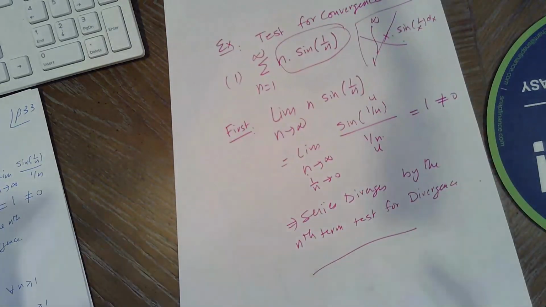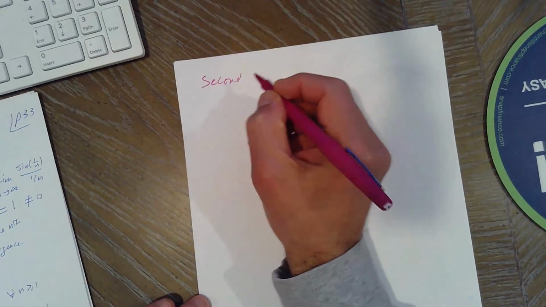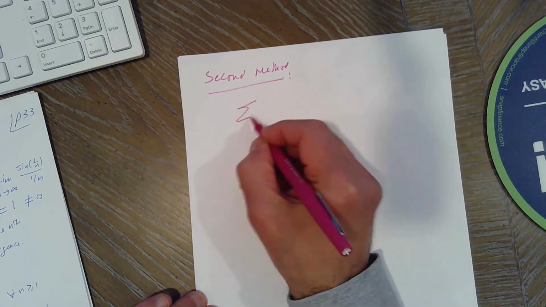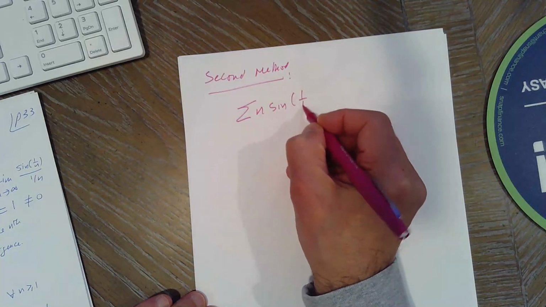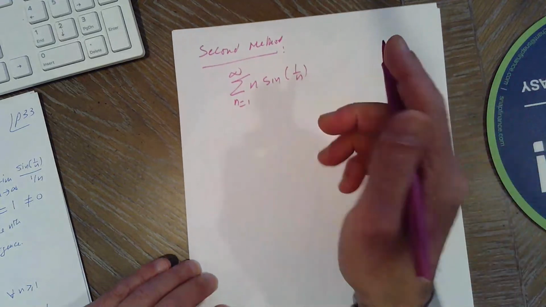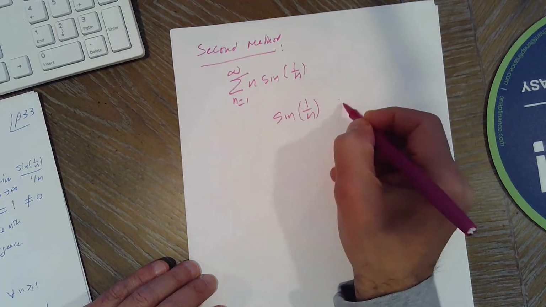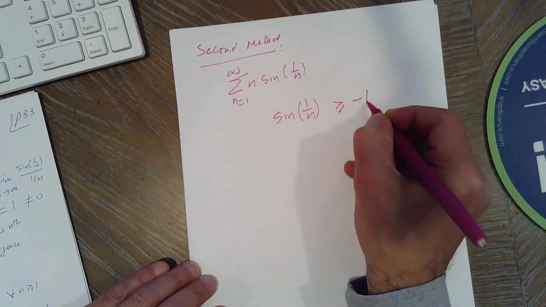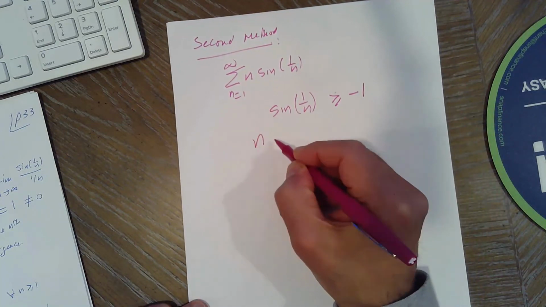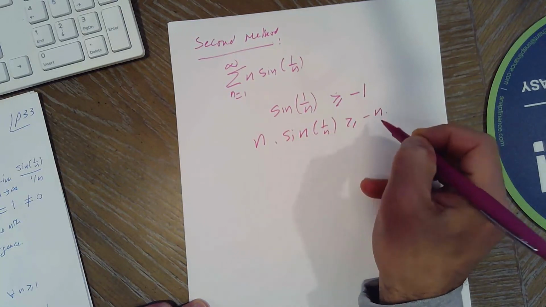Well, the second method that we could do, which is the direct comparison test, is we want to compare this with a series which either converges or diverges. Obviously, we want it to be divergent. If I knew it was convergent, I would say sine 1 over n is less or equal to 1. But we want it to be greater or equal to be divergent. So we multiply by n, which is positive, so it's not going to change the inequality. It's greater or equal to negative n.